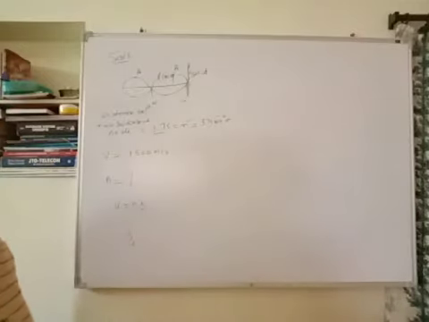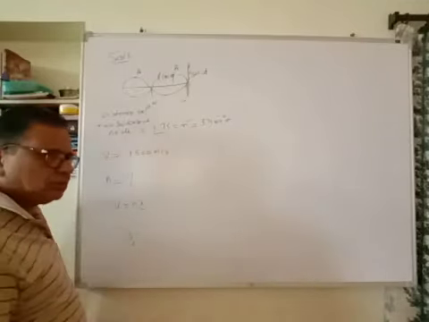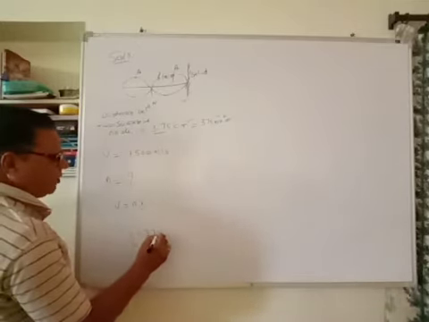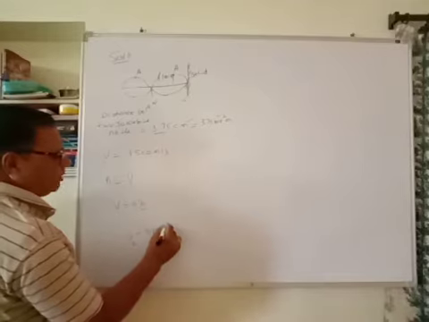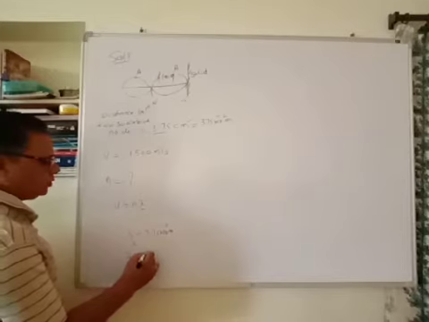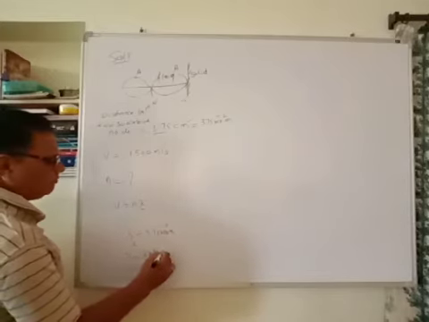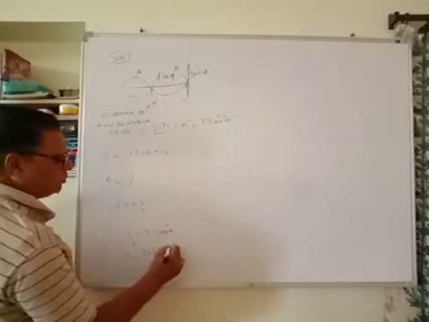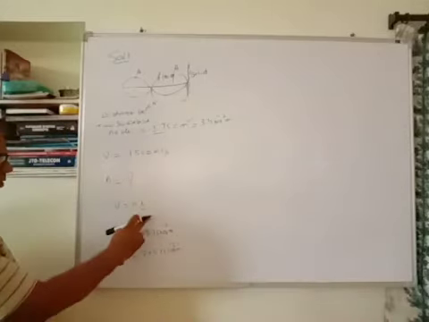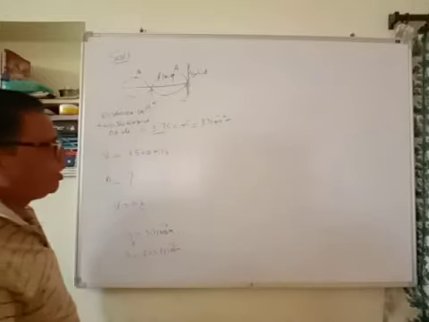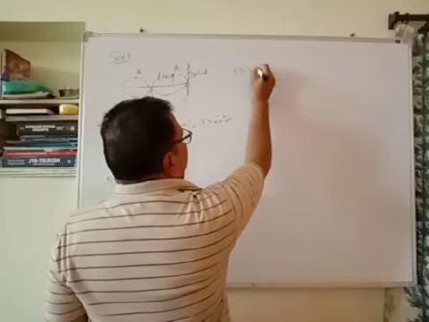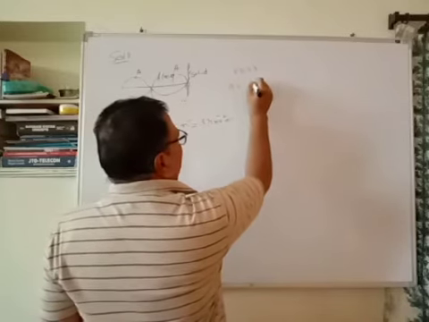Distance between two successive nodes is lambda by 2, which is equal to 3.75 into 10 to the power minus 2 meter, or lambda is equal to 2 into 3.75 into 10 to the power minus 2 meter. So we have determined lambda, and we can determine n. Now V is equal to n lambda, or n is equal to V upon lambda.